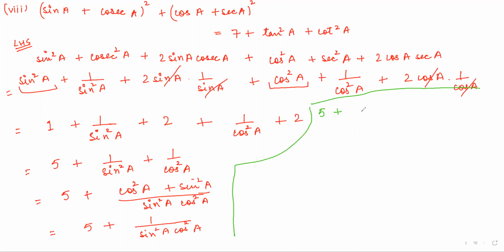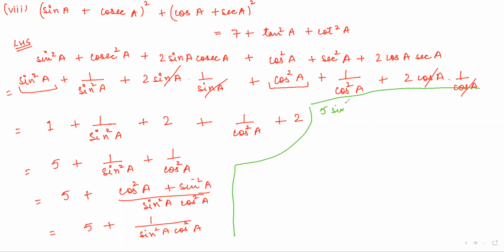For tan square A, basically I need sin square A upon cos square A, right? That's what I need. I think I have to multiply it. Please give me time. Let me see what I can do here.